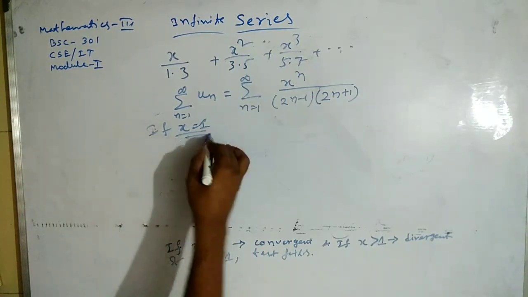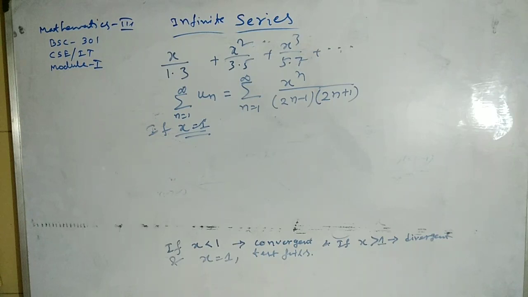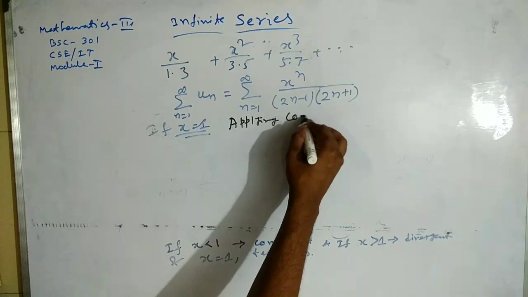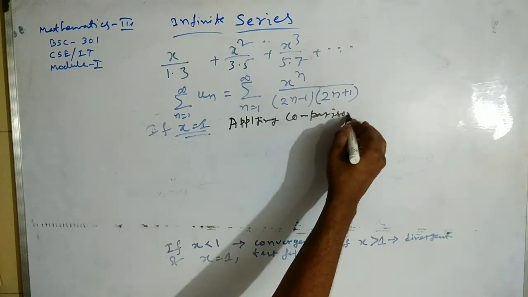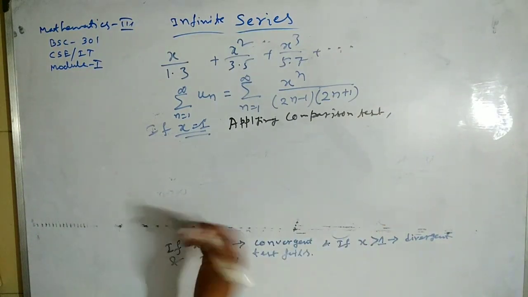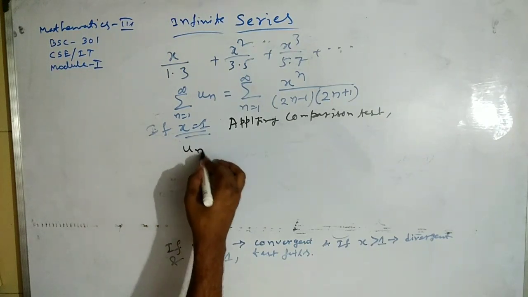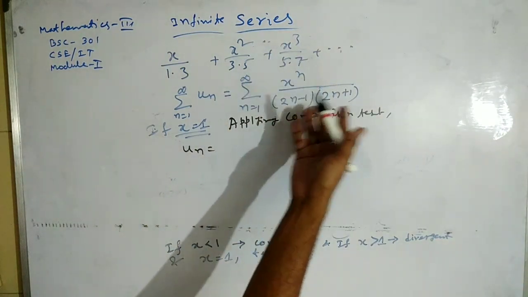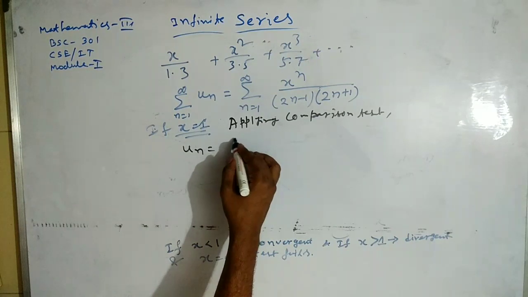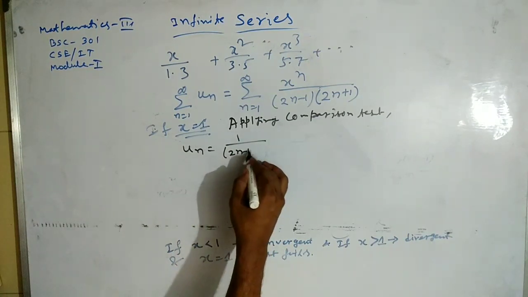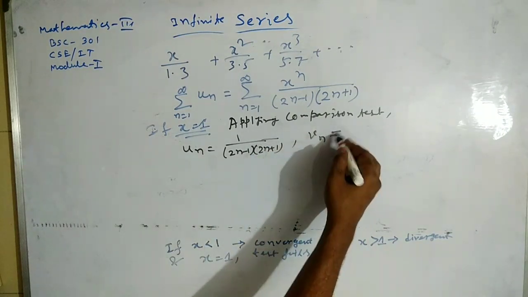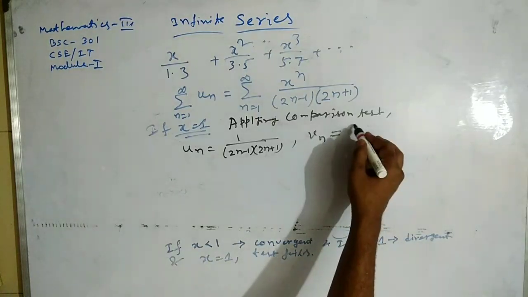First I am writing un is x to the power n by (2n minus 1) by 2n into (2n plus 1), but here we are checking for x equal to 1, so un will be 1 by (2n minus 1) by (2n plus 1). Now we are taking vn as 1 by n square.